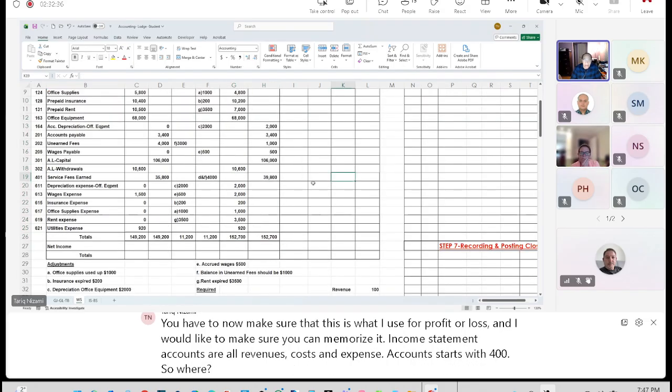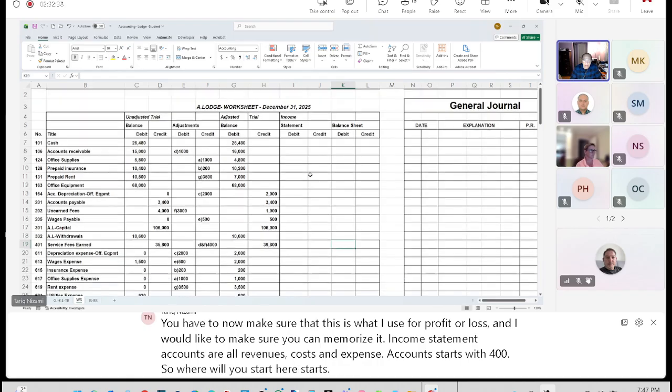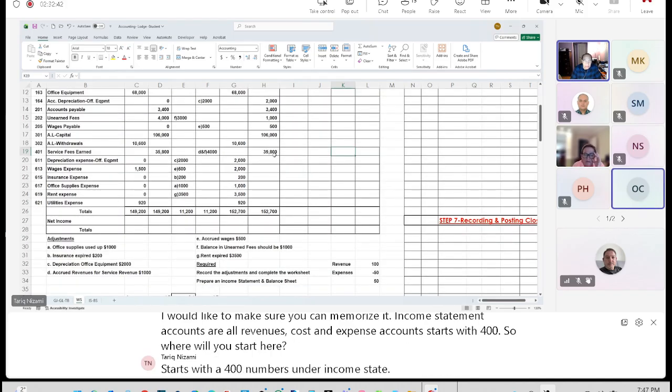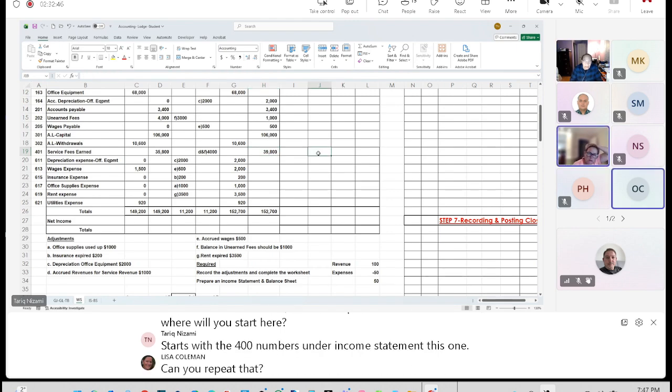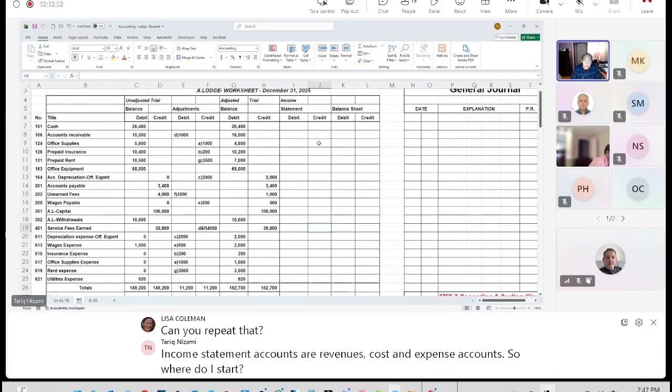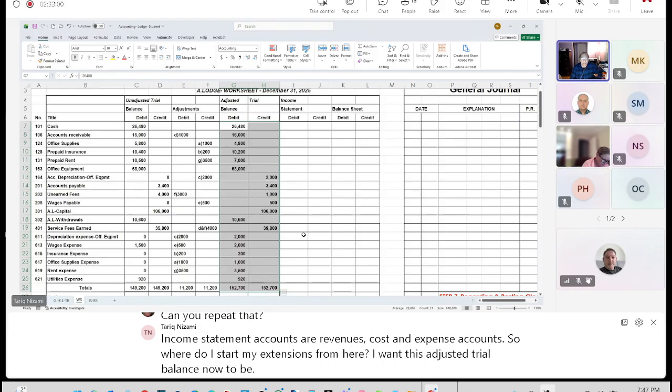So where do I start my extensions from here? I want this adjusted trial balance now to be extended under income statement and balance sheet.